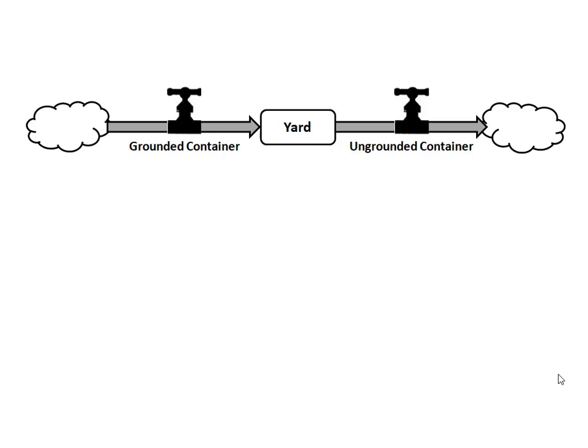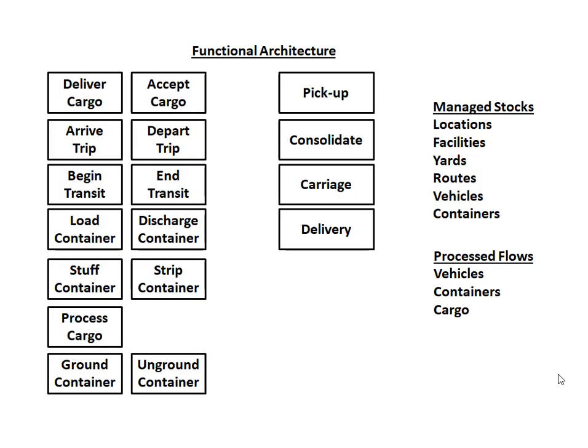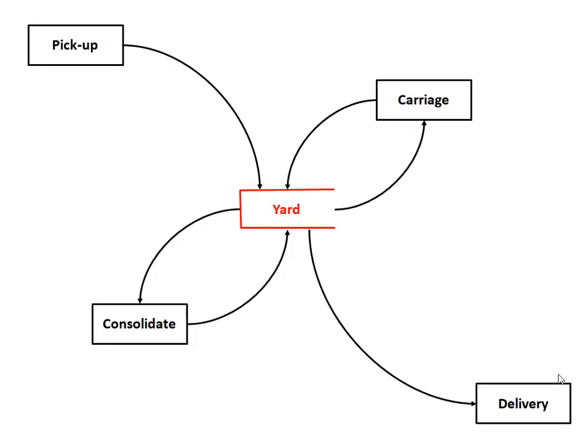So the yard is an integral component to the management of a containerized cargo system, even though in a perfect world things would happen instantly and neither the shipper nor the consignee would care or know if we even had a yard. But for this system to work, we're going to need one in terms of containers coming in and out. So that presumes now we can add 2 functions to our raw function list, the grounding of the container and the ungrounding of the container as we go through.